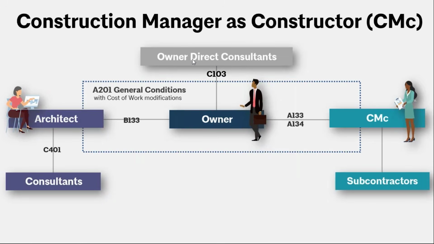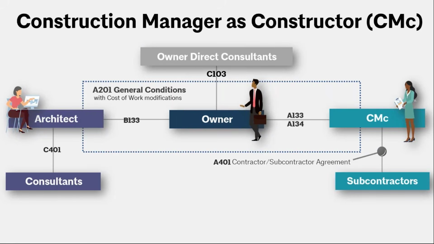From there, you're going to have your sub-agreements. You're still using that C104 over with your architect and consultants. With your owner, you're still going to have that C103 that applies there. And then when your CMC is hiring subcontractors, you're going to notice that it still uses the A401 contractor-subcontractor agreement.